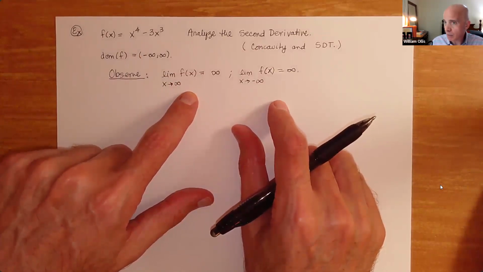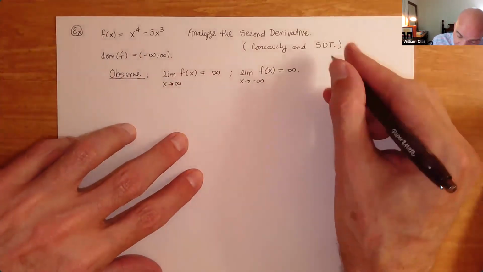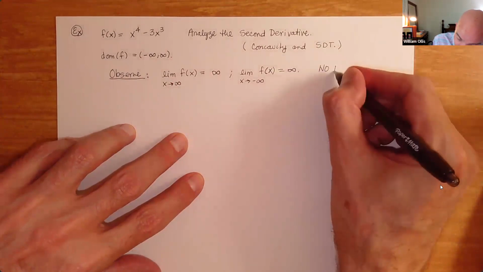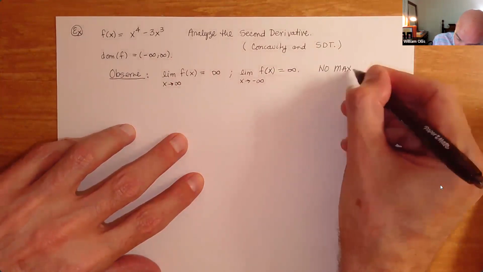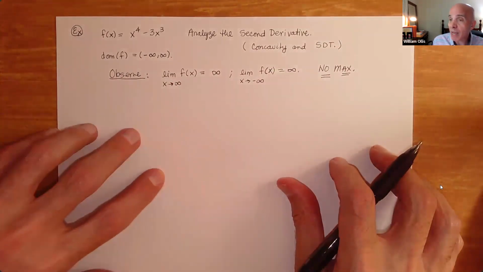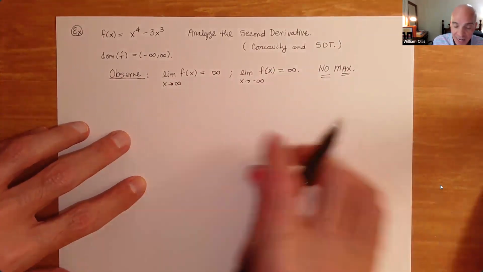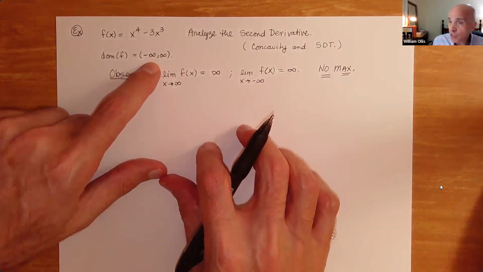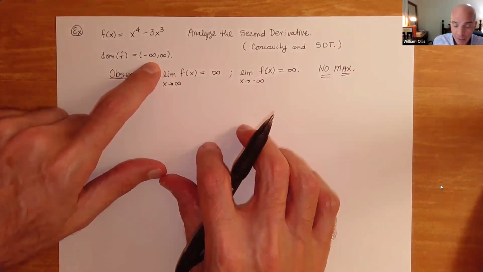We could have relative maxima, but this implies no max. They don't exist. We could have relative, but we don't have any absolute. And again, that has everything to do with the fact that it's not even guaranteed. I mean, if we had a closed bounded set, then it would be much different by EVT.